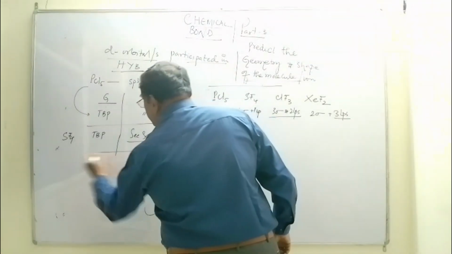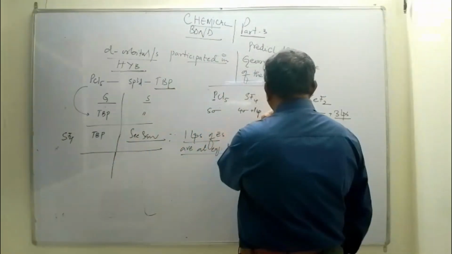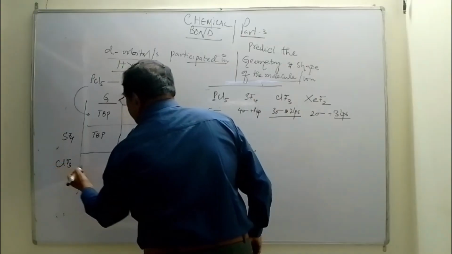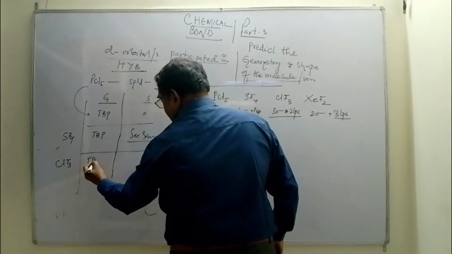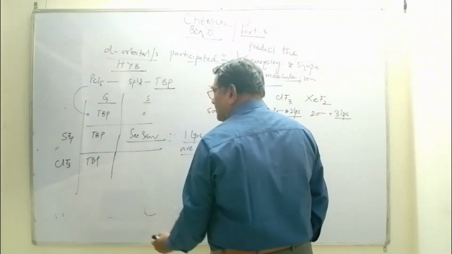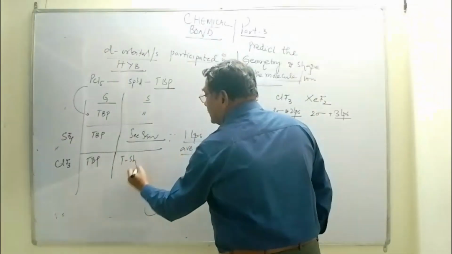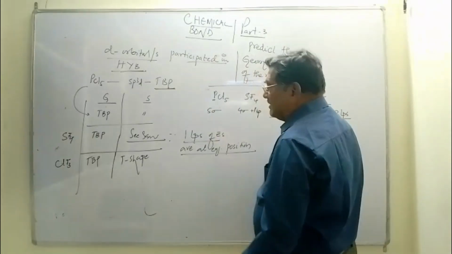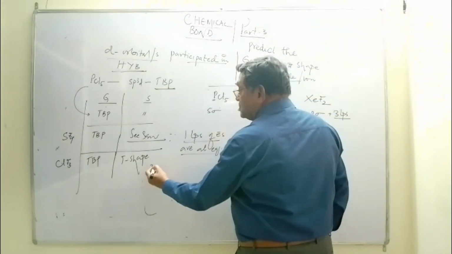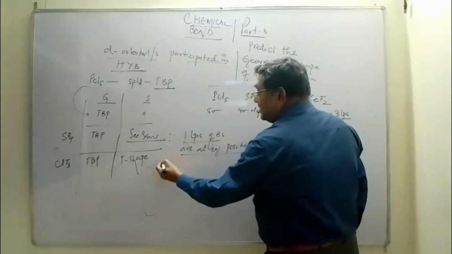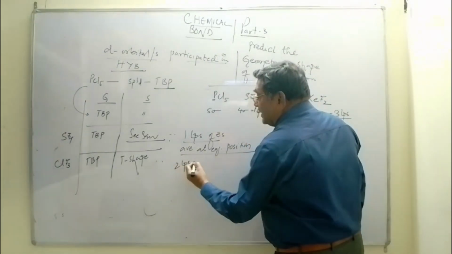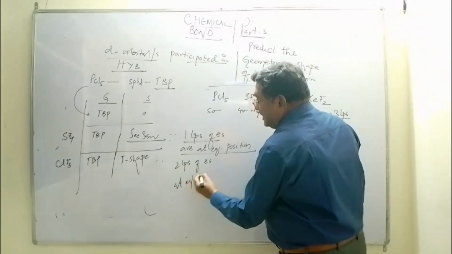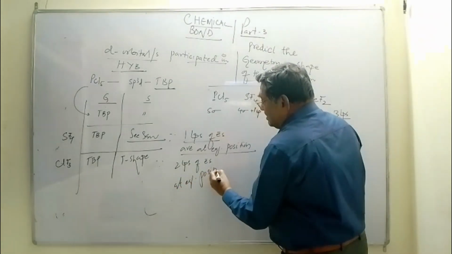PCl5 is this. Second or third, we will take ClF3. The geometry of ClF3 is trigonal bipyramidal, but the shape is T-shape, because it has 2 LPs, 2 lone pairs of electrons at equatorial positions.